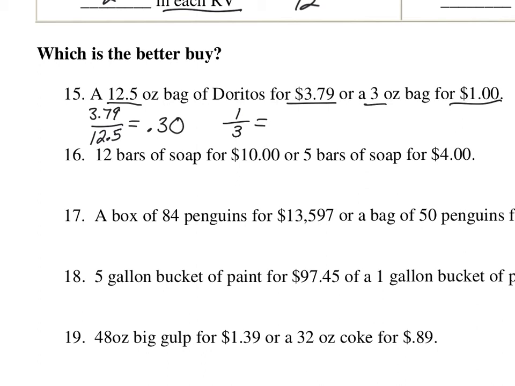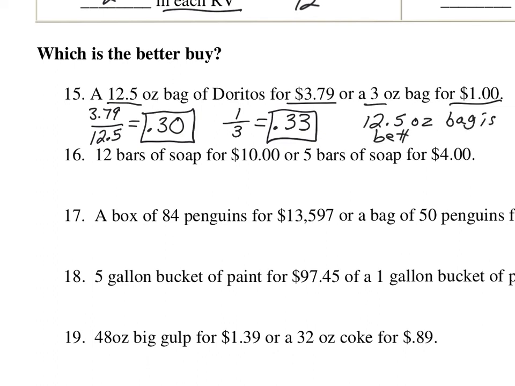And then if you take 1 and divide it by 3, that is our classic 0.33 repeating. Okay, and when you're talking about better buy, you want the lower amount. Of those 2, I would say the 12.5 ounce bag is the better buy.